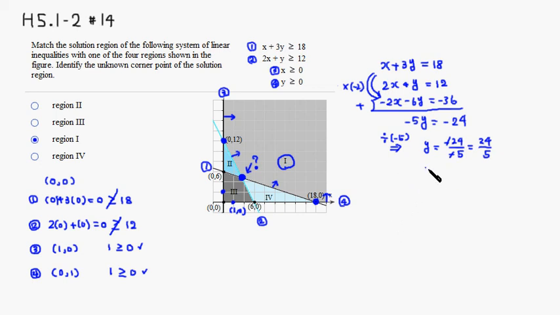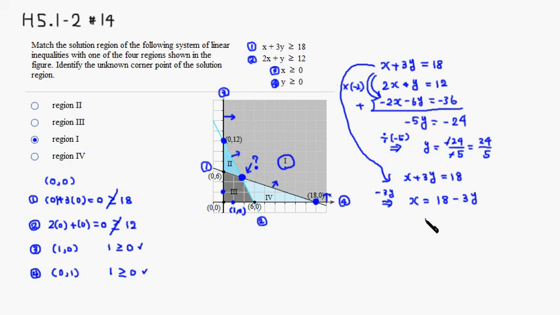For the x value, we can just use the first equation: x plus 3y is equal to 18. Since we want x, I'm going to subtract 3y from both sides, so x is equal to 18 minus 3y.